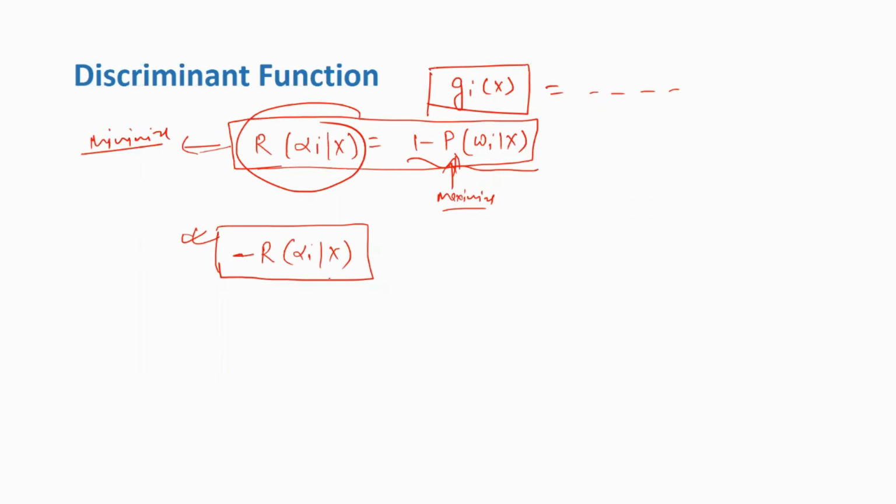Now, we have seen the Bayes minimum risk classifier here.